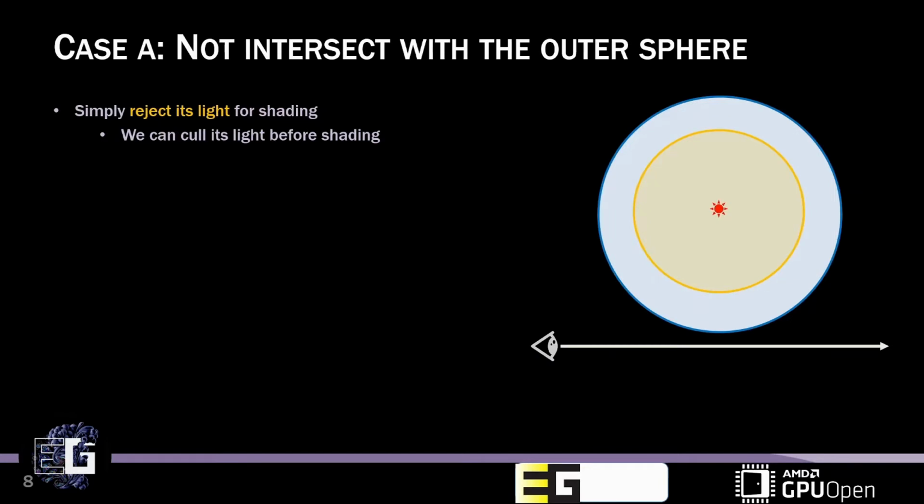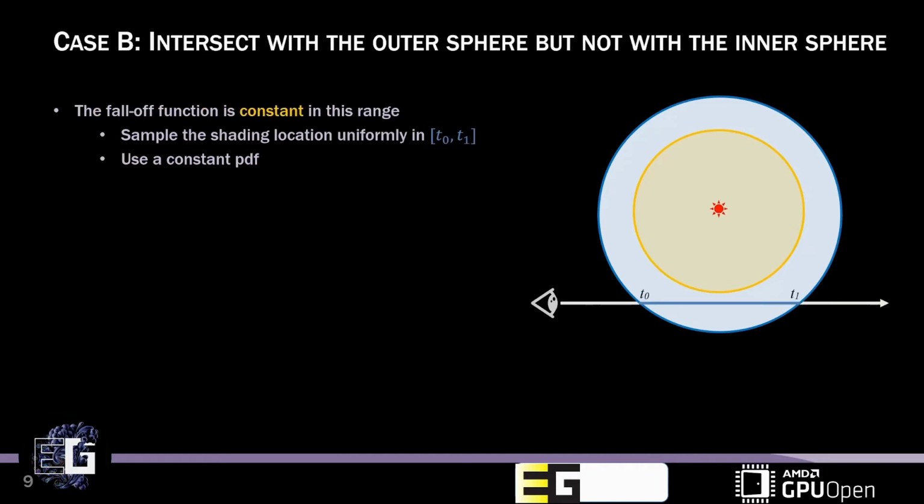First of all, let's choose case A, not intersecting with the outer sphere. In this case, we can simply reject and cull its light before shading. So, we don't need to consider its light. That's it for this case. And the next is case B: intersect with the outer sphere but not with the inner sphere.